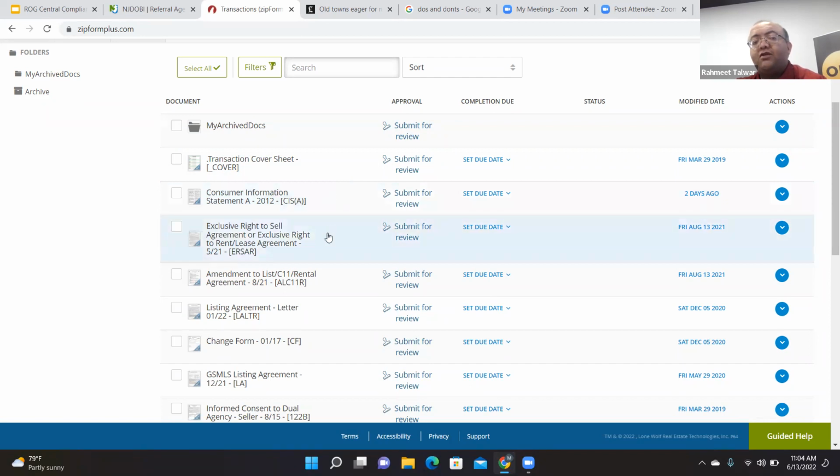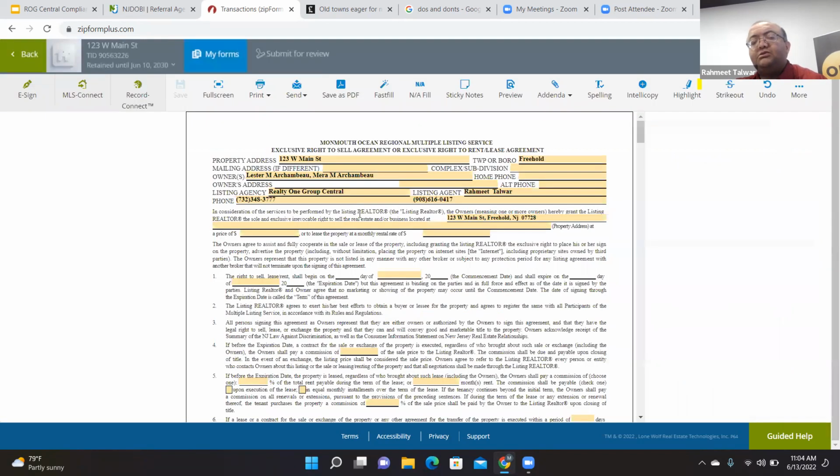For the listing agreement, this was recently changed at the end of 2021, I believe it was, to update a couple of things. On the listing agreement itself, you'll see the property information is on top, pretty self-explanatory.